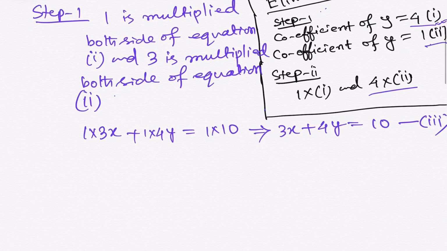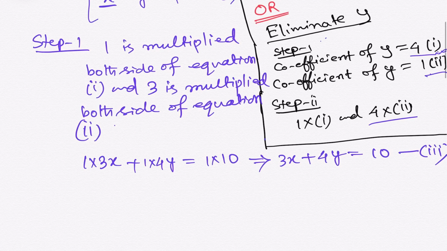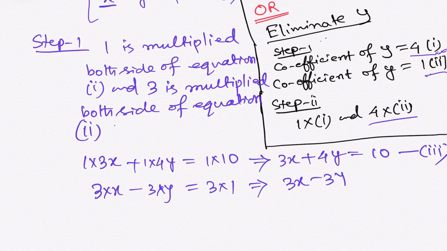The second equation is x minus y, which is multiplied by 3 on both sides of equation 2. So 3 into x minus 3 into y equals 3 into 1. This equation is 3x minus 3y equals 3, and we name it equation 4.